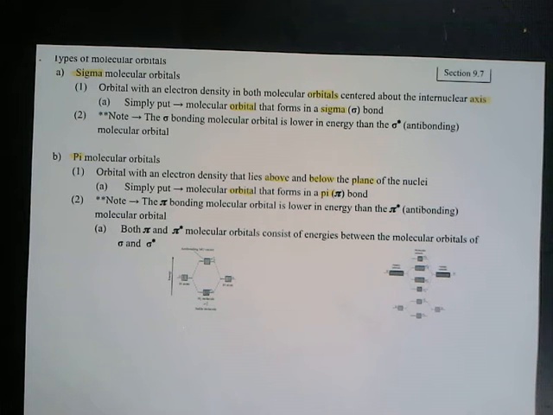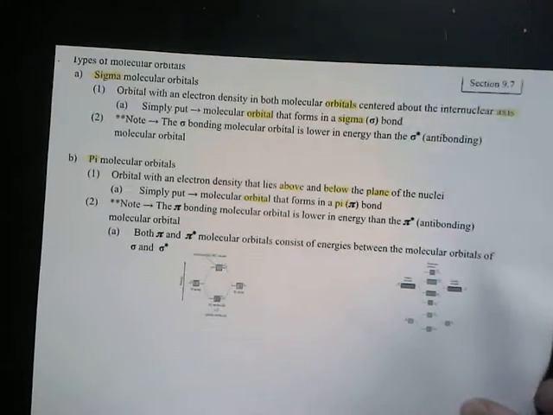What this means for us is that the molecular orbital that forms the sigma is going to be involved in the sigma molecular orbitals. Now, the orbital that forms the pi bond is going to be involved in the pi molecular orbitals.